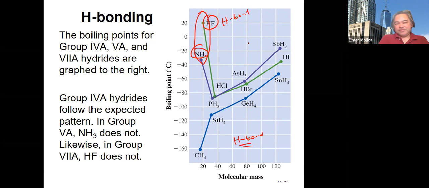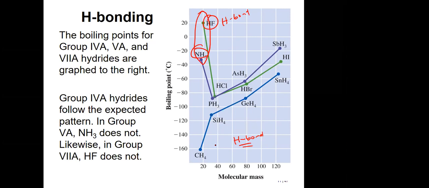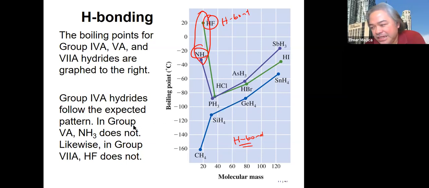Okay? Questions so far before I ask you something with regards to your OWL? So there are rules to molecules, like the bonding molecules, and if there's H bonding, their molecular mass has nothing to do with the boiling point, especially if the molar mass is a little bit close to one another.